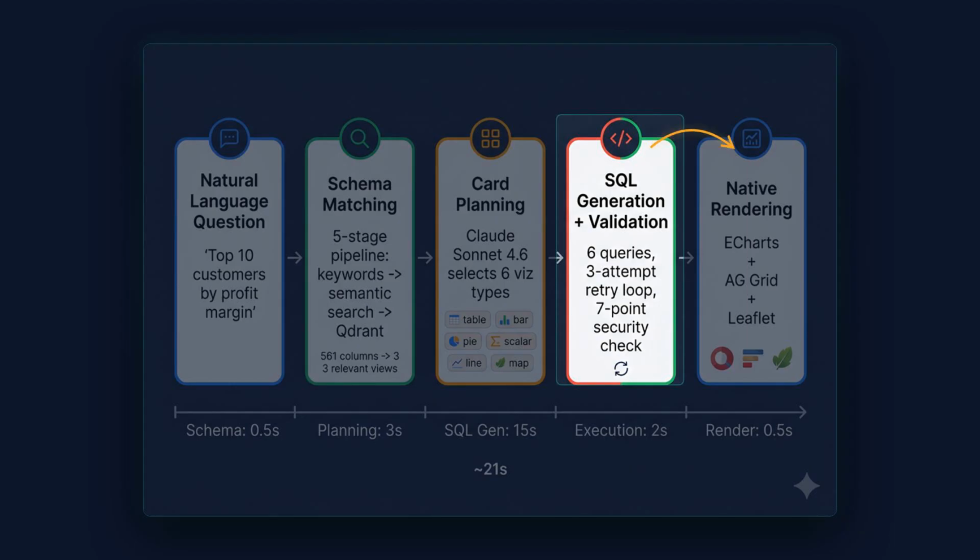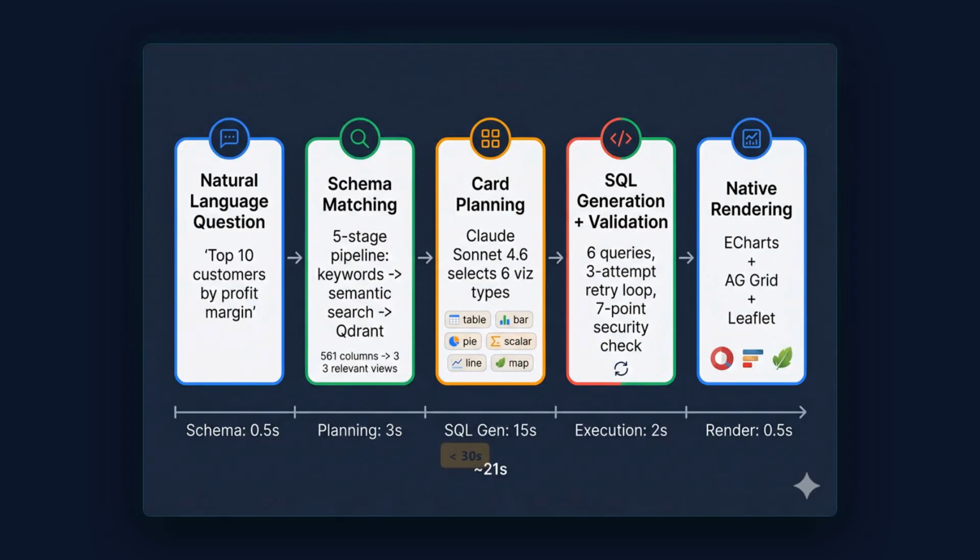The finished cards then render natively in React with no BI platform in the loop. End to end, that whole journey takes under 30 seconds. And along the way, it creates no tables, runs no migrations, and changes nothing in your database. Hold that thought, because it becomes Section 6.